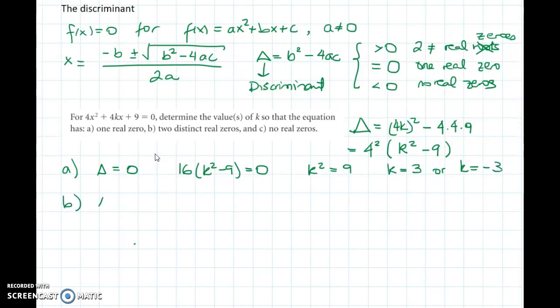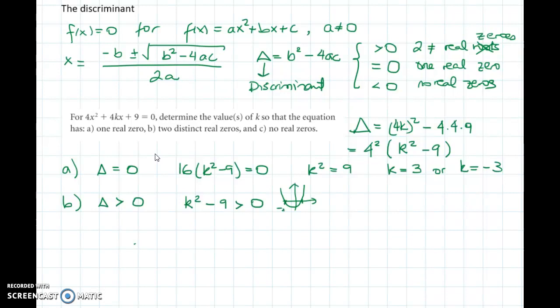For part B, we want now our discriminant to be positive. So the 16 doesn't matter for the positive part. We want k squared minus 9 to be greater than 0. You can think of this as a quadratic in k, and then it's going to look like this.